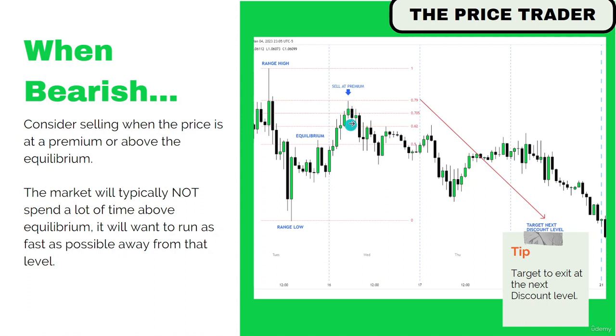So you don't really need to aim for the highest point or the lowest point it will get to, but just aim for the high probability place where it will most likely reach. So once it hits that, you want to be a seller, and then you target the next discount level.